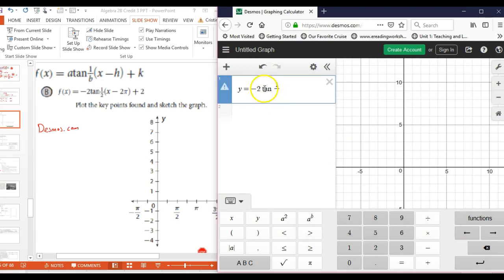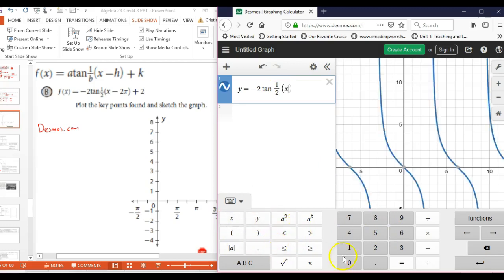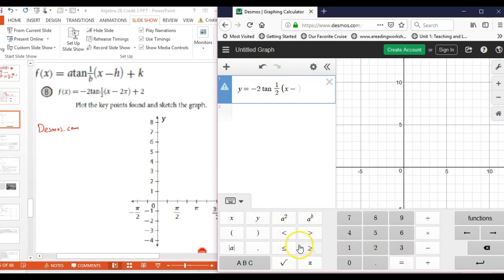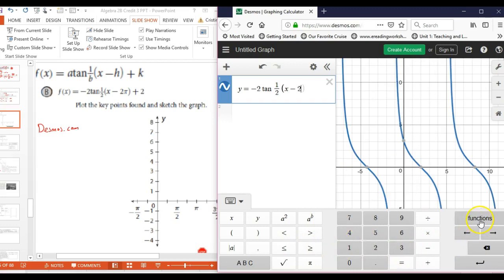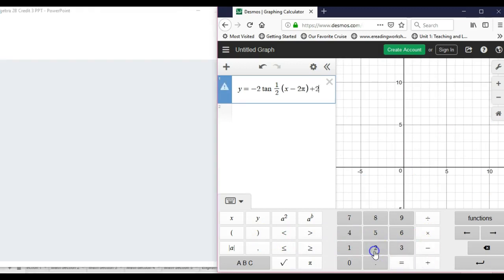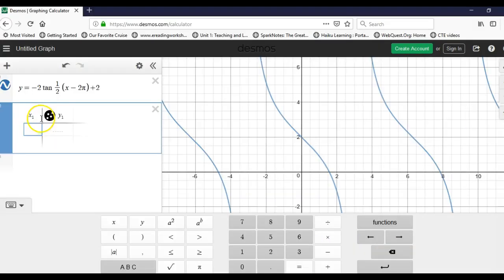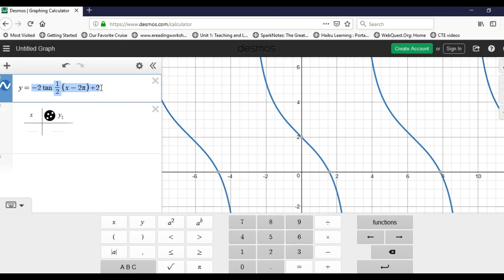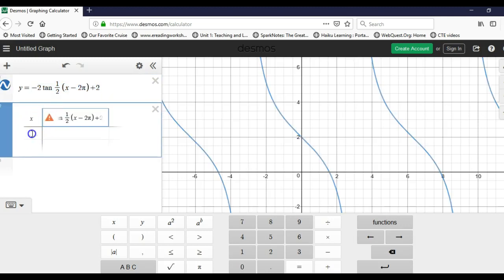Right, divided by, so it only divides the 1, by 2, parentheses, x minus 2 pi, parentheses, plus 2. Alright, I'm going to erase x for just x. I could just copy and paste this, or type it again, whichever is more convenient for you.